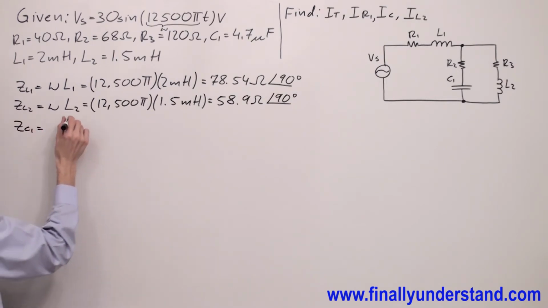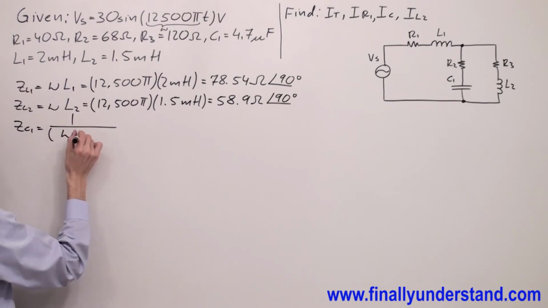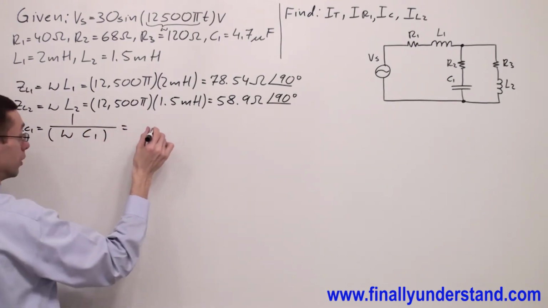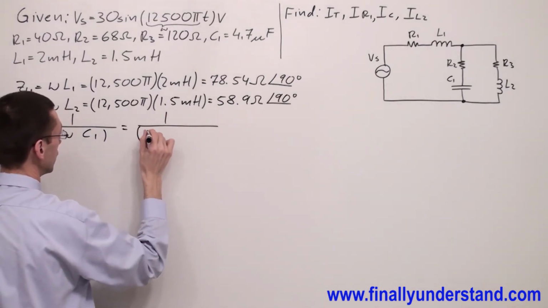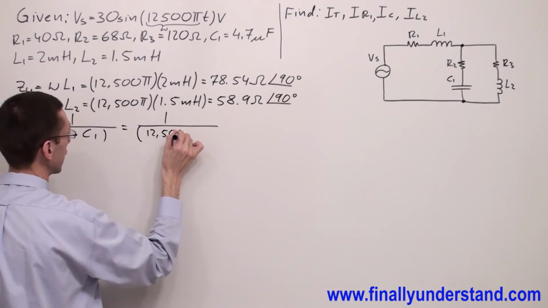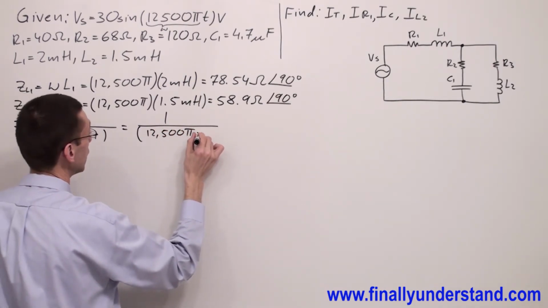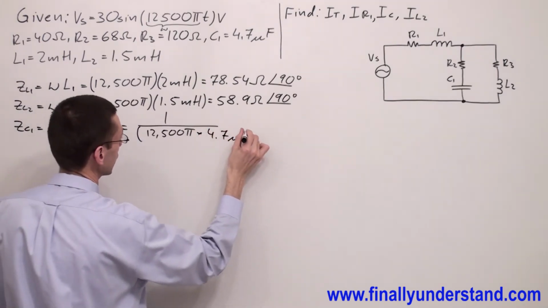ZC1 is equal to 1 over, open parenthesis, omega C1, which is equal to 1 divided by, open parenthesis, 12,500 pi times C1, which is equal to 4.7 microfarads.